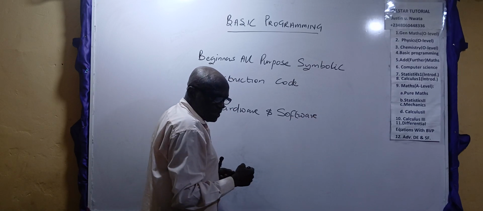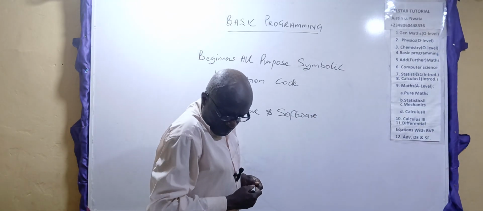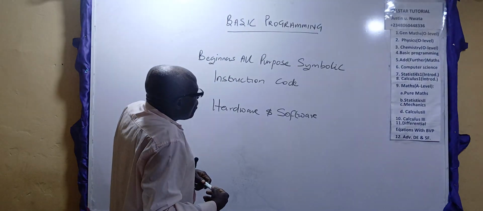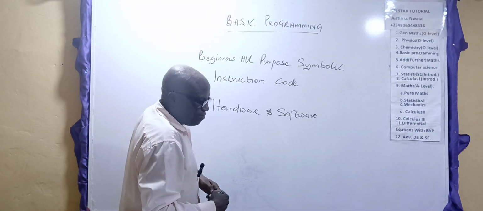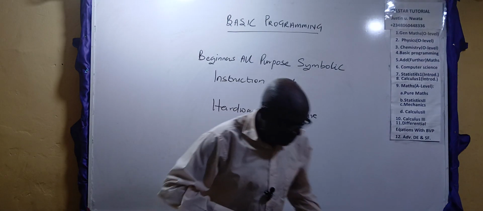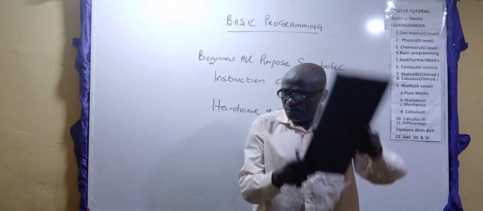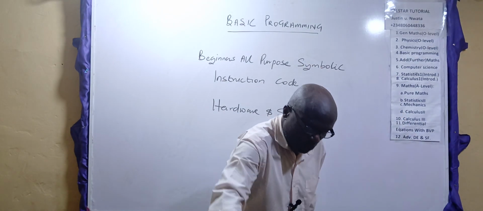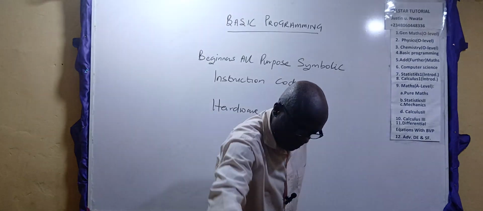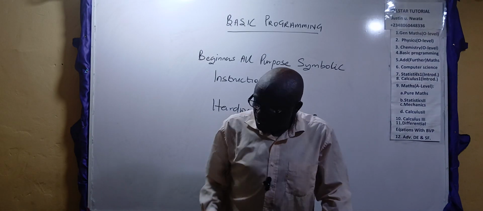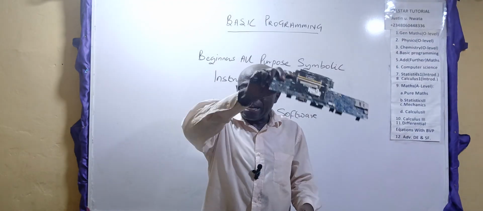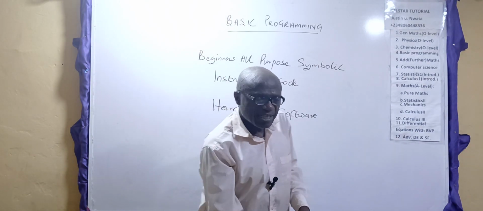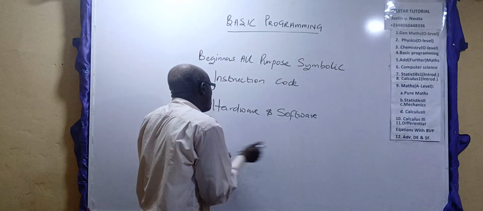Very, very important. All the hard aspects of the computer, is it the keyboard, the monitor, the CPU, all these hard objects inside, they all belong to the word called what? Hardware.